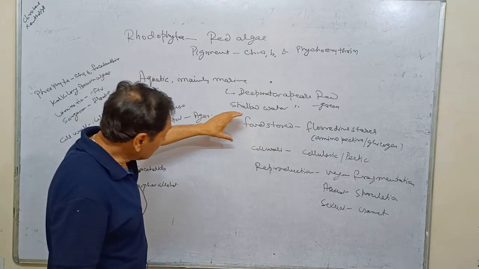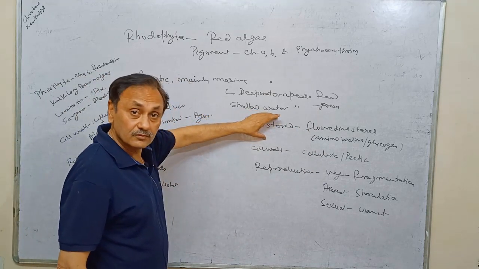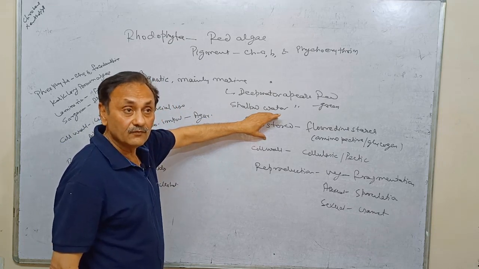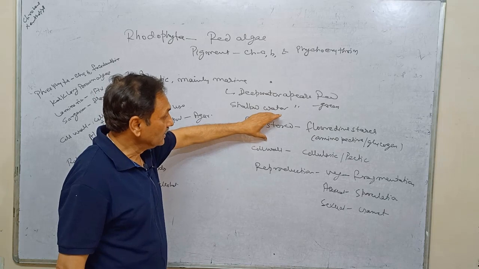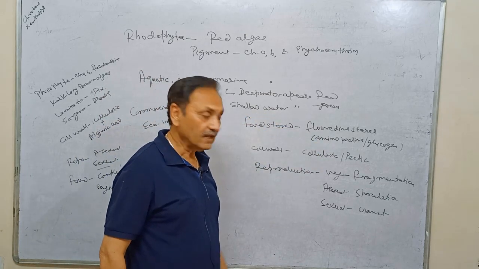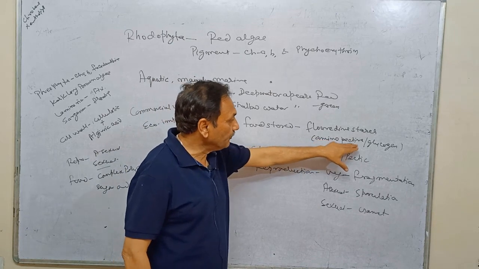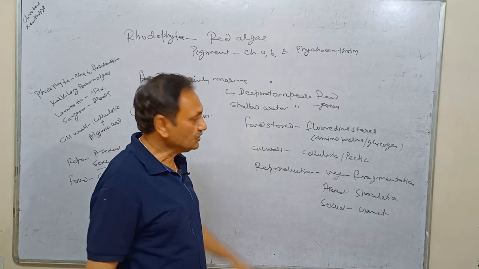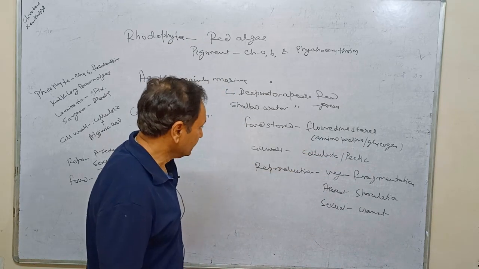It has been observed that their food is stored as starch. Here the floridean type of starch is present, made up of amylopectin and glycogen. It is a special type of starch.